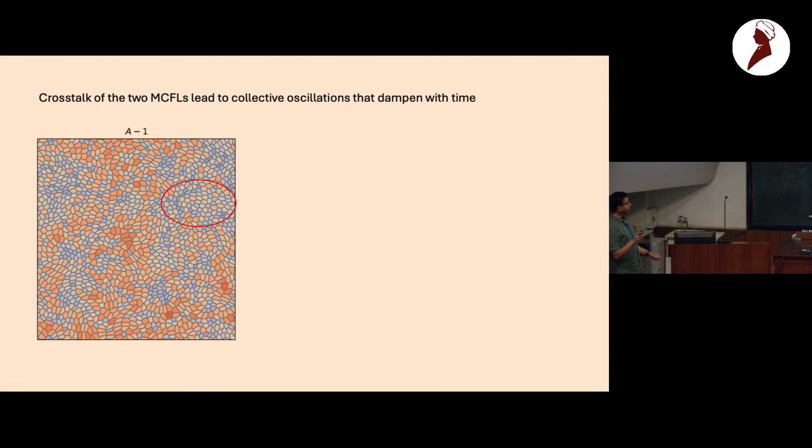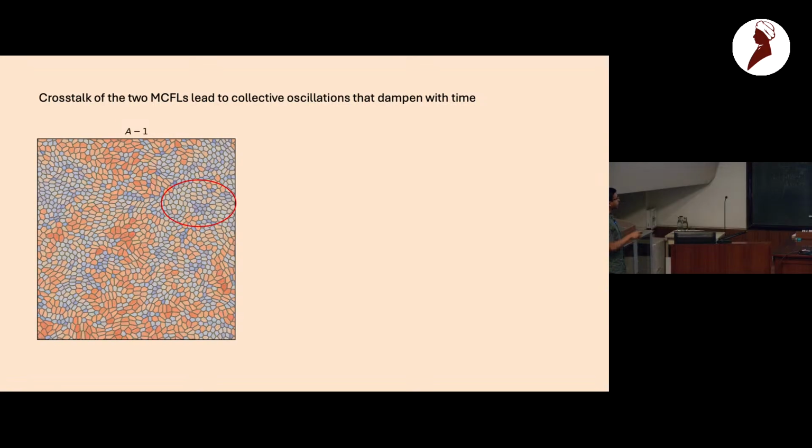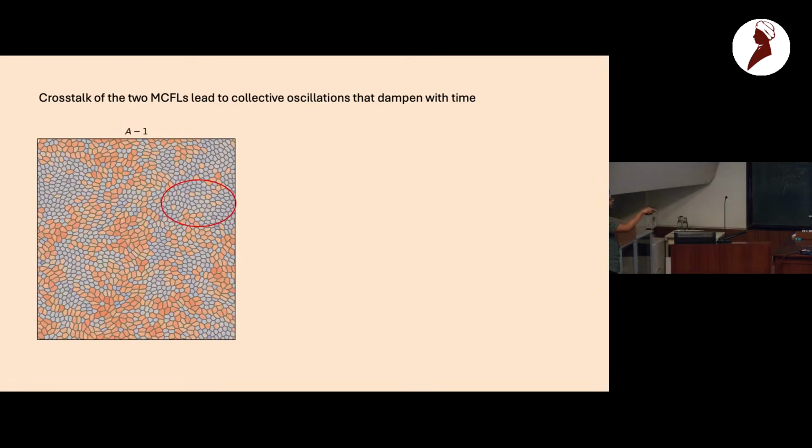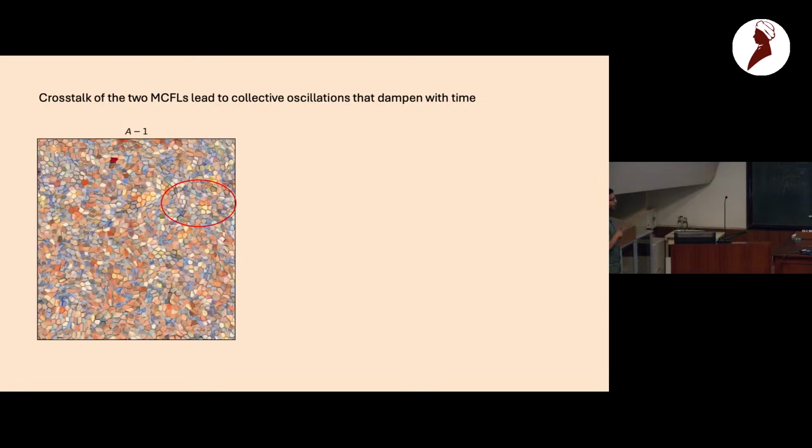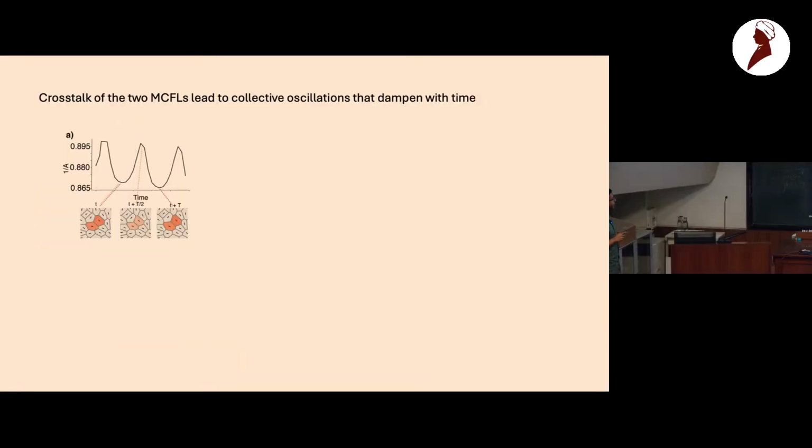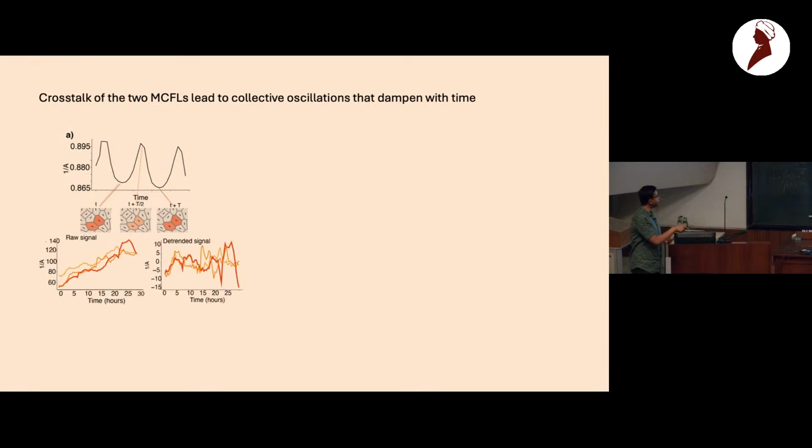What is even more interesting is that, coming back to this picture, you see that there are these collective oscillations that we are seeing in this system, okay? And it arises from the fact that each of these ARC, the second feedback loop, leads to individual oscillations, which then get coupled to the entire tissue through mechanochemical feedback through cell-cell interaction, leading to collective oscillations which have a much longer period than individual cell oscillations, okay?